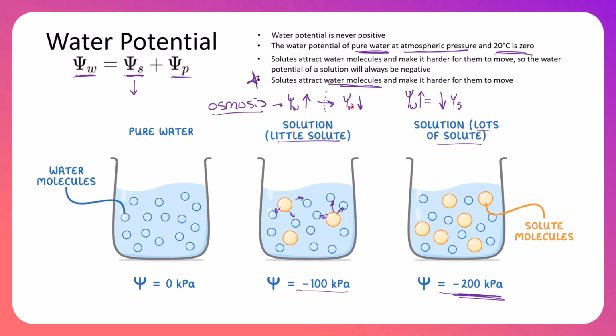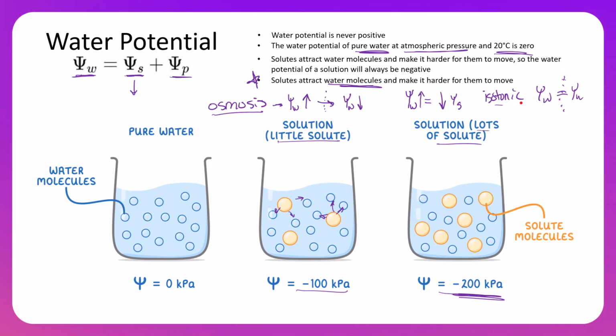Water will have a high water potential if there is a low solute concentration, and as this water moves from an area of high water potential to an area of low water potential, it's going to eventually reach an isotonic point, meaning the water potential energy is going to be equal on both sides of the membrane. So again, if we have a semi-permeable membrane and the movement of water is going from high water potential to low water potential, it will eventually move until both sides are equal.